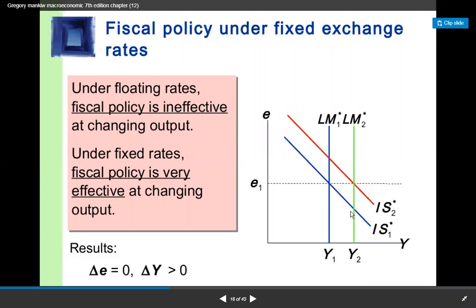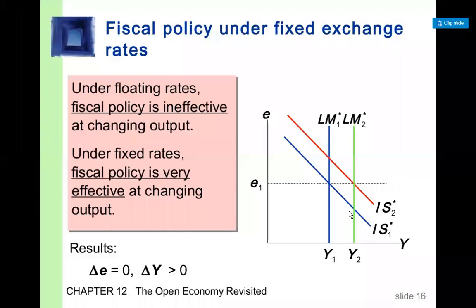So, expansionary fiscal policy under fixed exchange rate in recession: the IS curve shifts right, with red color. Then to keep the exchange rate fixed, the State Bank shifts the LM curve to the right, where the new LM curve with green color crosses the new IS curve at this point where exchange rate is fixed, but income level has been increased. That is a very effective policy in recession.